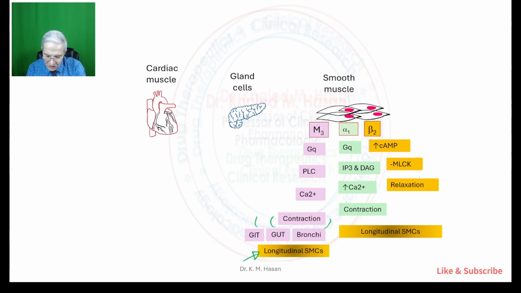Longitudinal smooth muscles, that means muscarinic receptor. If you activate muscarinic receptor, the clinical results will be contraction, spasm in the GI system, colic pain, in the genitourinary system, and bronchoconstriction, bronchospasm. So muscarinic receptor causes bronchospasm in the bronchial tree, and spasm in the GI and genitourinary systems.